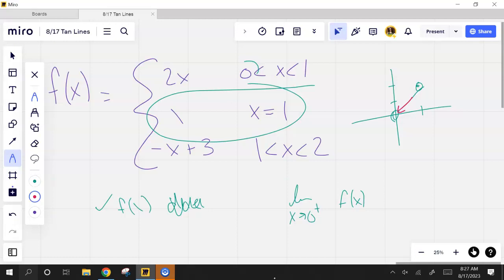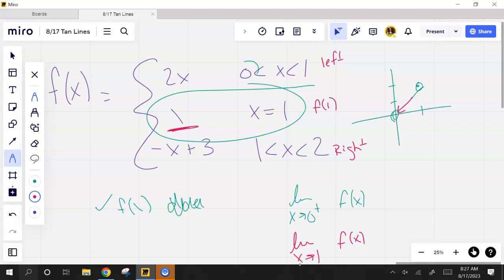That limit still exists. All right, so then part C, the limit as x approaches 1 of f of x exists. Remember what that means, from the left, from the right, and the function value. So as I approach 1, this would be the left, this would be the right, this is going to be my f of 1 value. So if they all equal 1, I'm good to go.